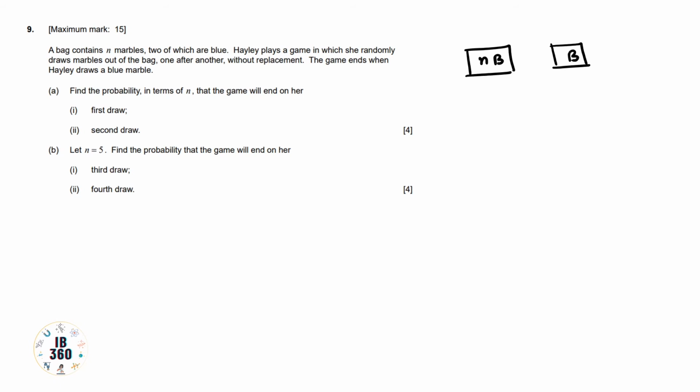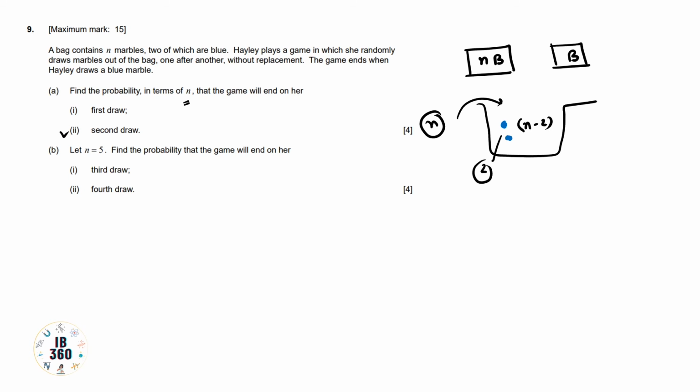Again we have n number of marbles, of which only two are blue. This is one blue marble, this is one blue marble, and the other marbles number n minus 2. In the second draw, it means in the first draw she did not pick up any blue marble.